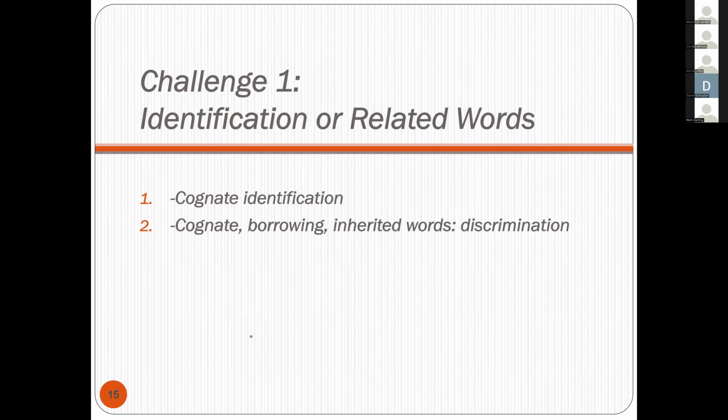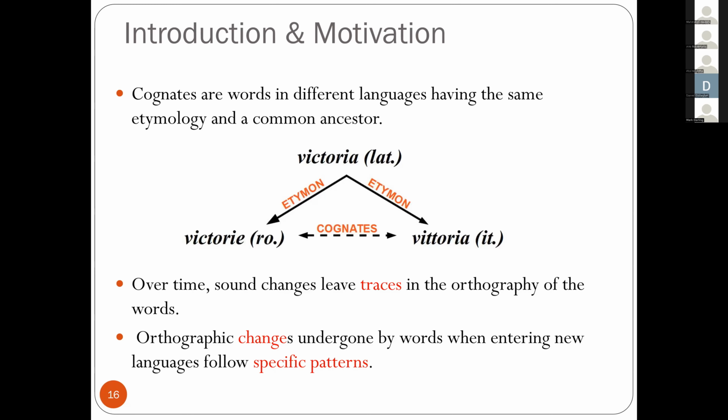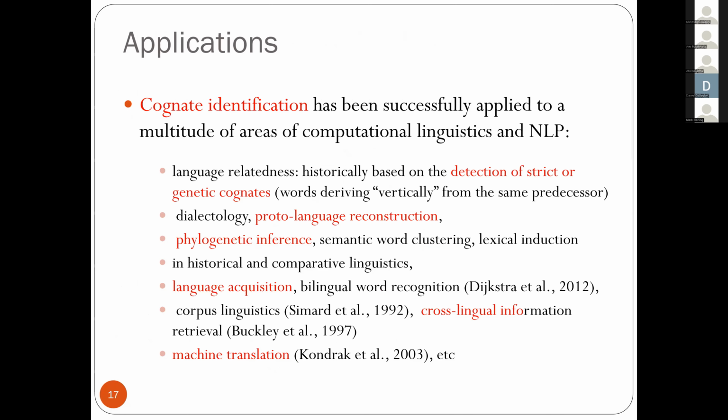Given this database, we start to solve the main challenge, namely the identification of related words. For the first step, we try to solve the problem of cognate identification, namely given a pair of words, we want to see if it is possible to say whether or not they are cognates. There are a lot of applications of cognate identification.